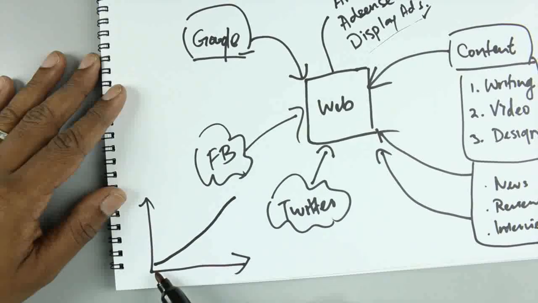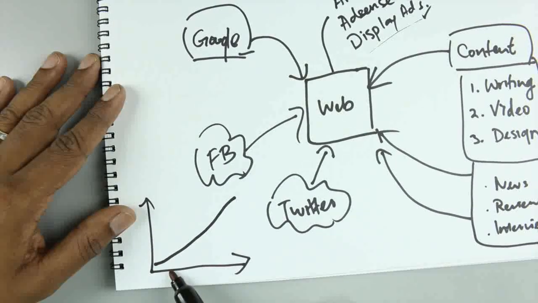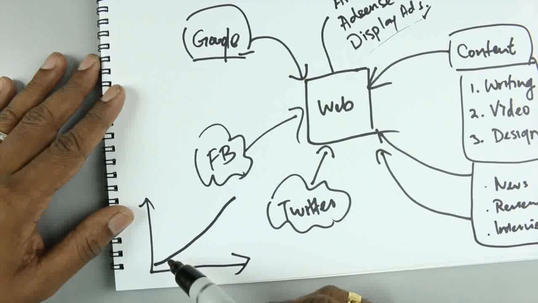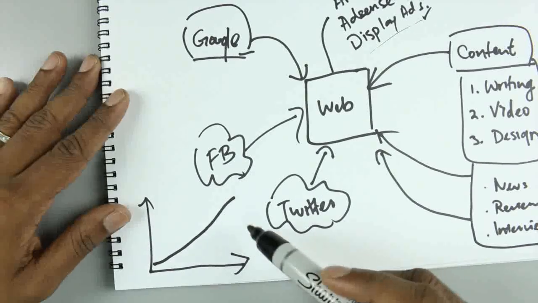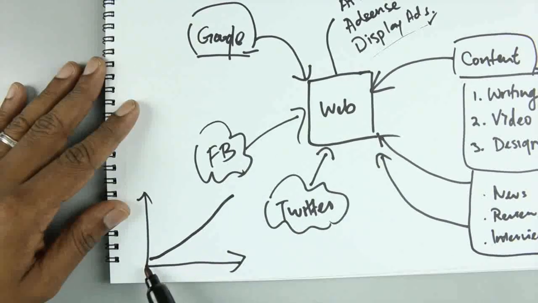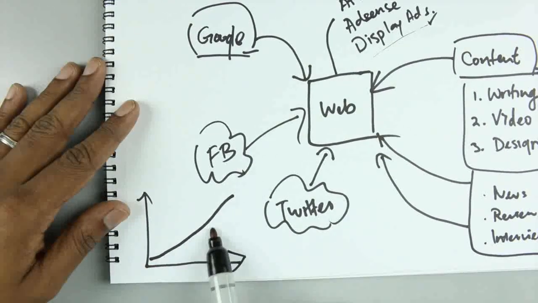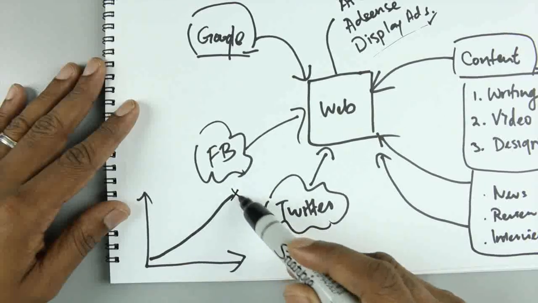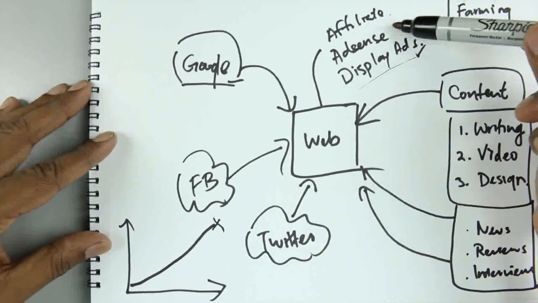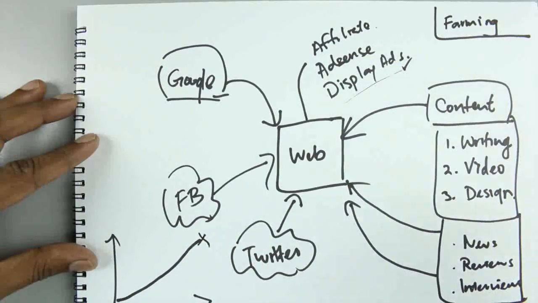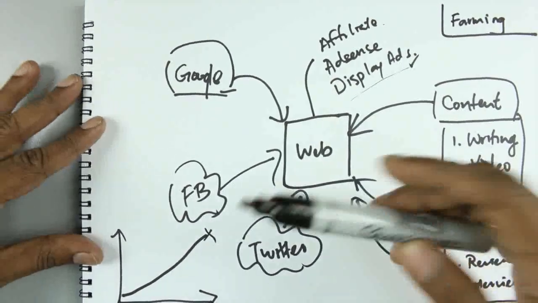So you start with zero, little traffic, but you keep adding one blog post, talk about something new every single day, and then you will have lots of traffic going up. And the good part is the traffic is free. It's free here, it's free here, it's free here, and it's free even here. So when you start making money from affiliate, AdSense and display ads, your profit is going to be incredible.